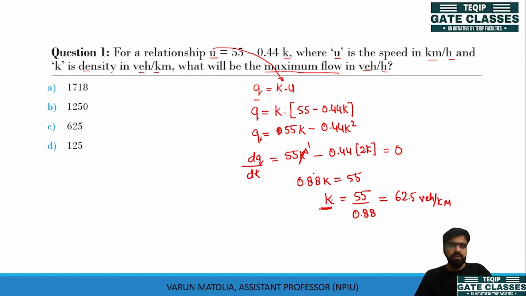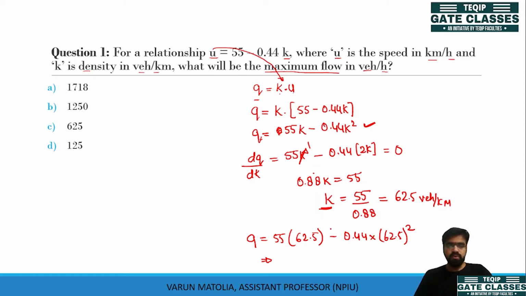Now this is the value for which this equation will give the maximum value. Let us write this equation. Q is equals to 55 times the value which we have found, 62.5, minus 0.44 into square of 62.5. Let's solve this equation. This is 55 multiplied by 62.5 minus 0.44 multiplied by 62.5 whole square.